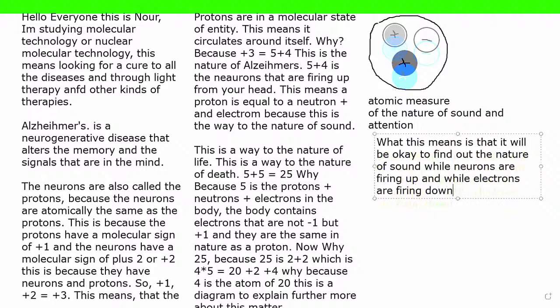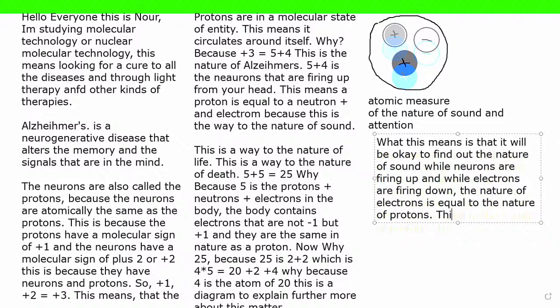The nature of electrons is equal to the nature of protons. This means that 1 plus 1 is equal to 100 plus 100.